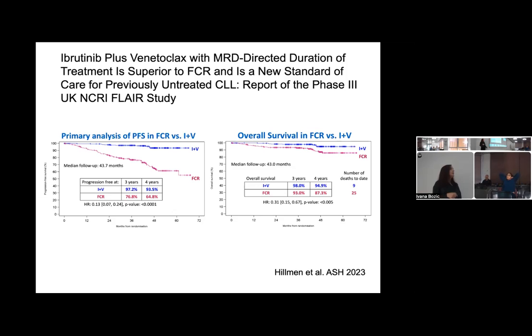So I think this is super exciting, both because we have a successful combination of two very different therapies, and because of this personalized approach to duration of treatment, where I think mathematical modeling can be very helpful.